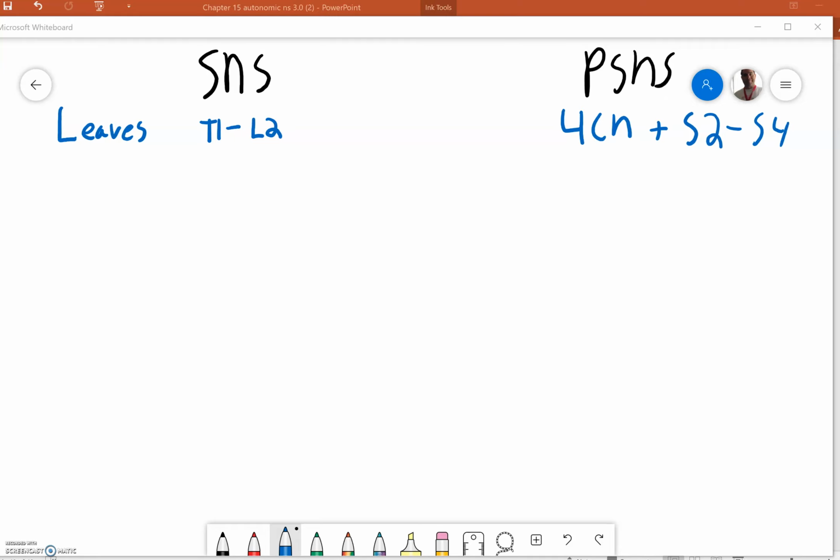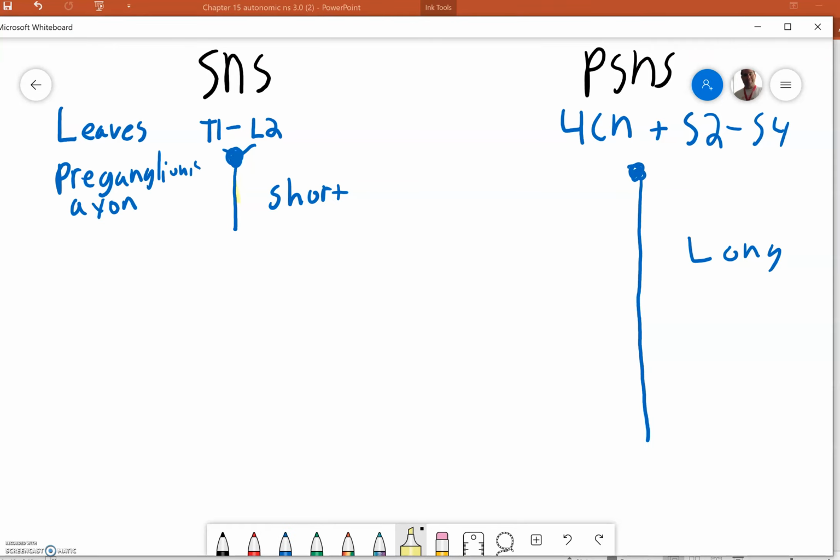Now, the presynaptic axon is going to be short in the sympathetic nervous system. Whereas in the parasympathetic nervous system, remember my vagus, it is going to be long. And they're both myelinated. So there's my myelin, there's my myelin.